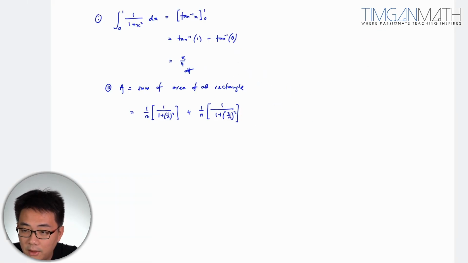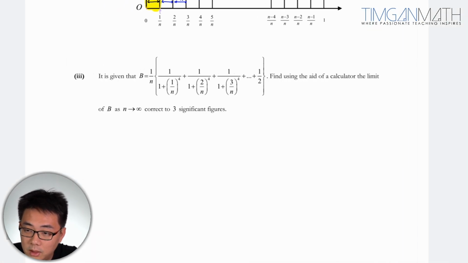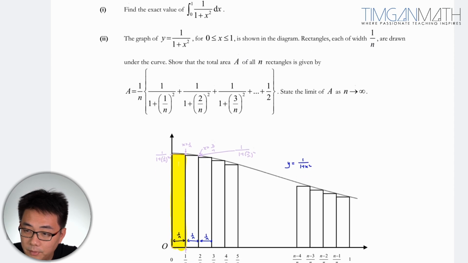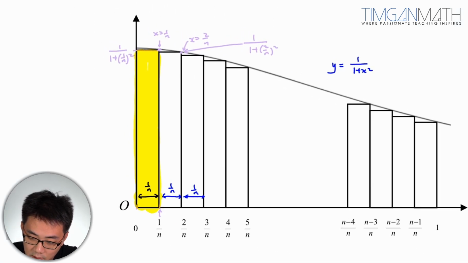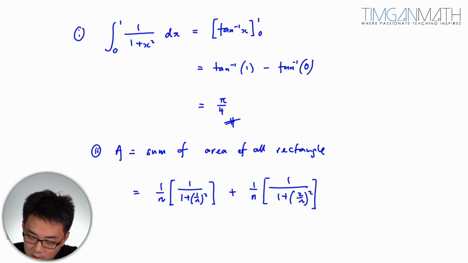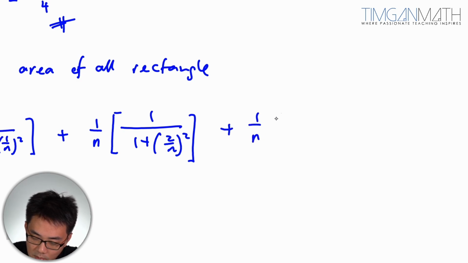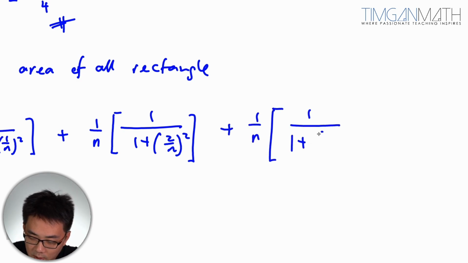Then the third one is where x is 3 over n, so we take 1 over n times 1 over 1 plus 3 over n squared.